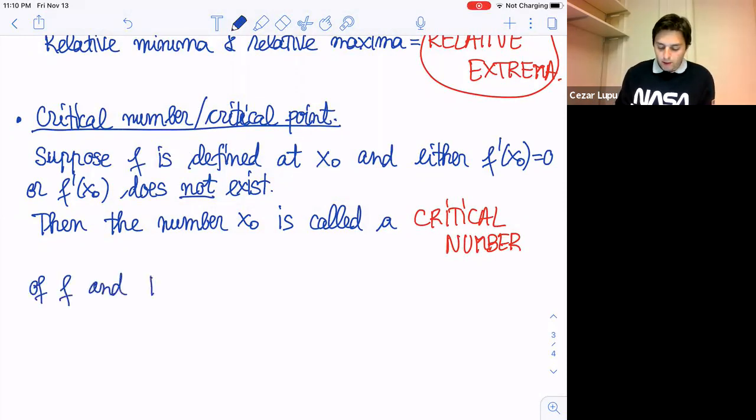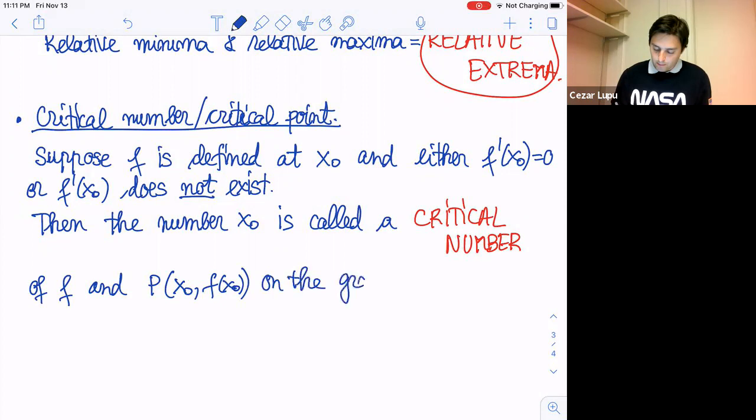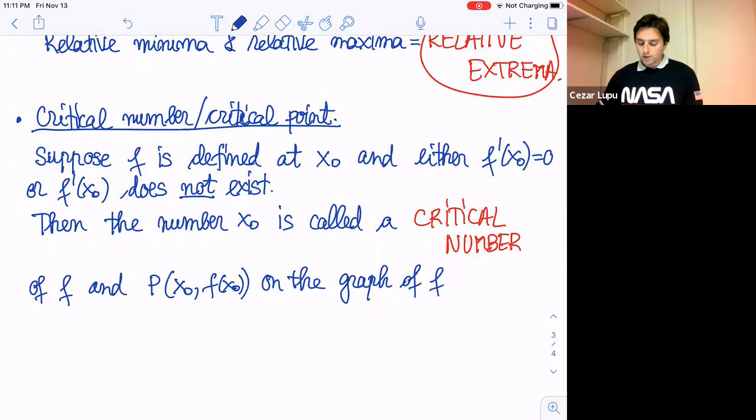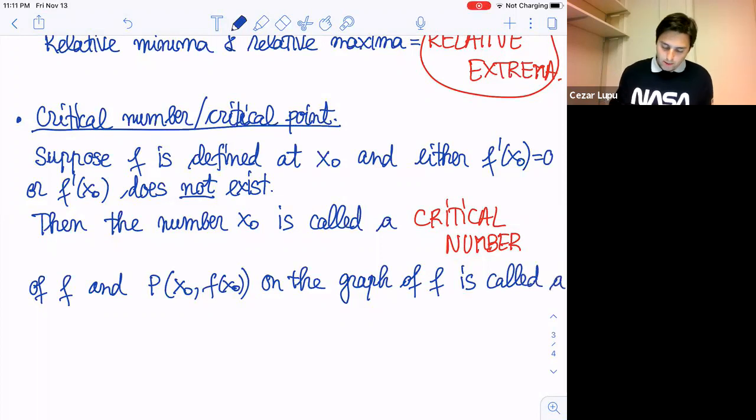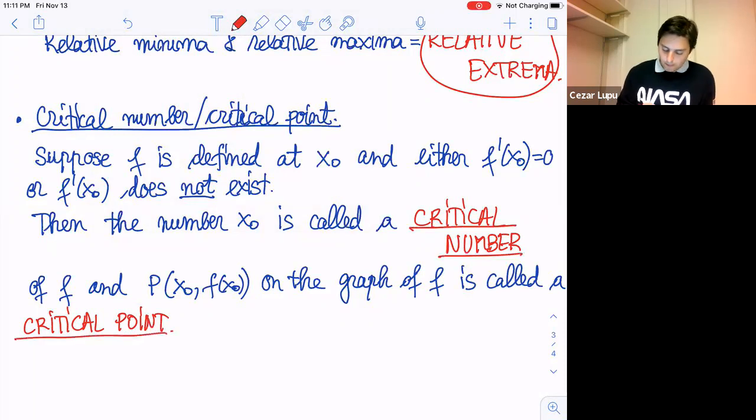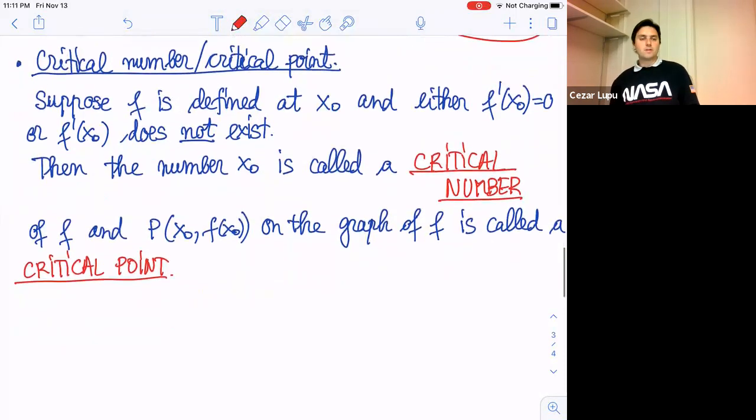And this point, when you represent graphically, of coordinates x naught, f of x naught, on the graph of f, is called a critical point. Right, so these are the definitions for critical number and a critical point.